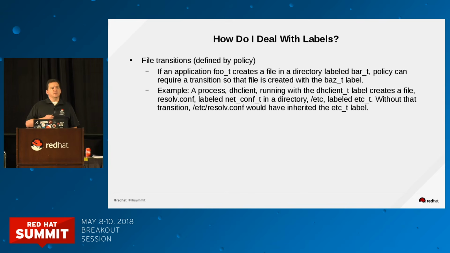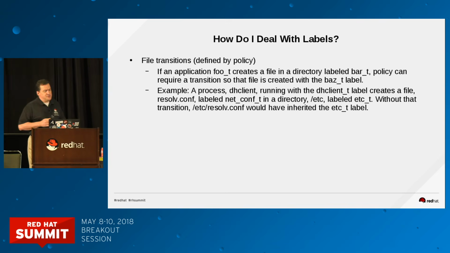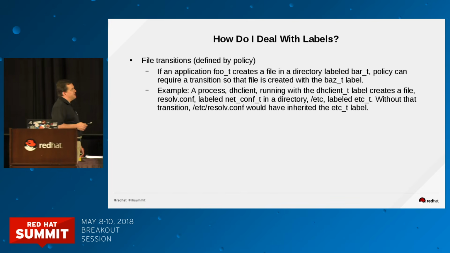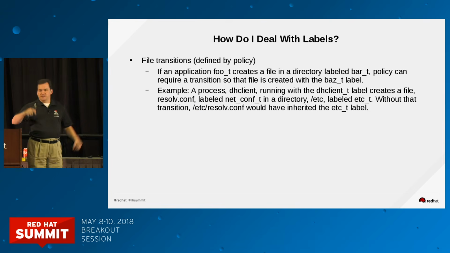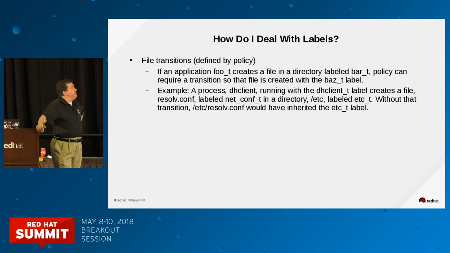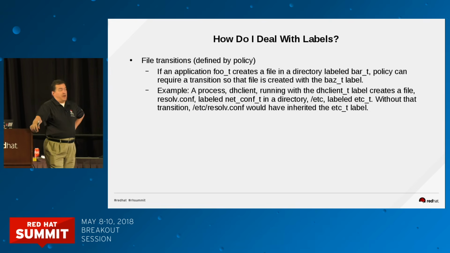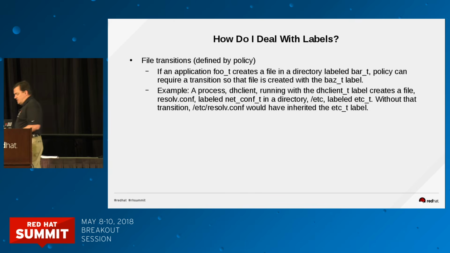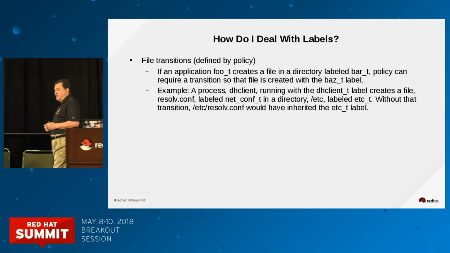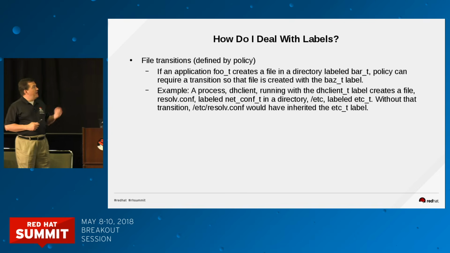Now, I talked a little bit about some exceptions. File transitions will generally create exceptions. If an application that has the fictional foo type label creates a file in a directory labeled bar type, there can be a transition policy that says when a file is created in those circumstances, it's going to take on a third type, baz type, for instance. A great example of this is the DHCP client process.